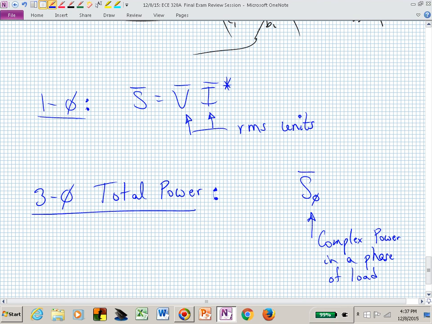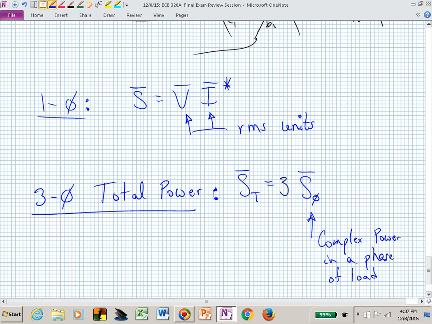How do I get the total power if it's balanced? Total power, it's all three phases, isn't it?